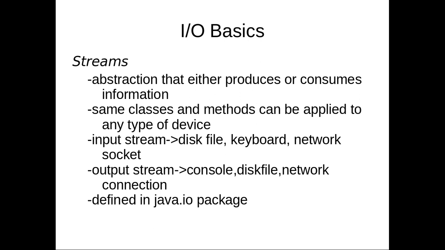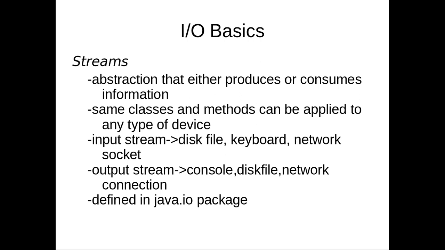That means you are defining an input stream and an output stream, and there is no need to distinguish between all these devices. If you want to output something, just create an output stream and write to that. And if you want input, you create an input stream object and you can read from it.